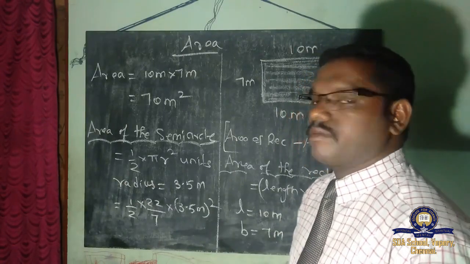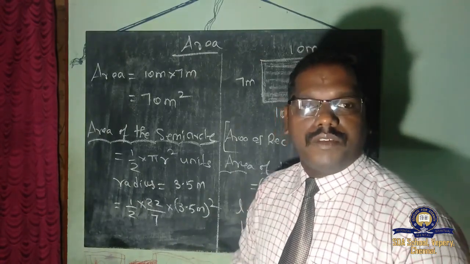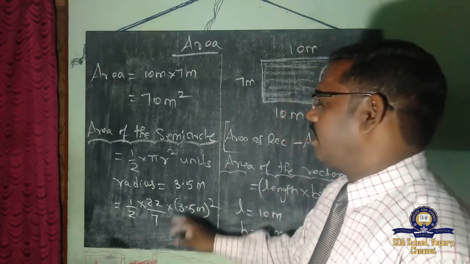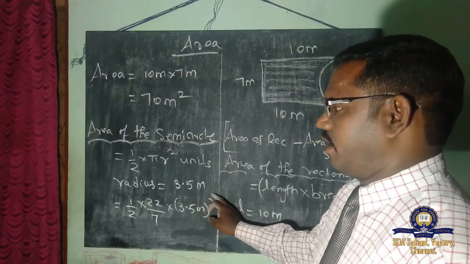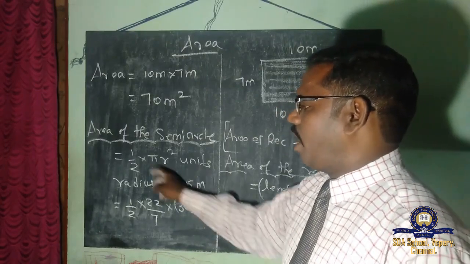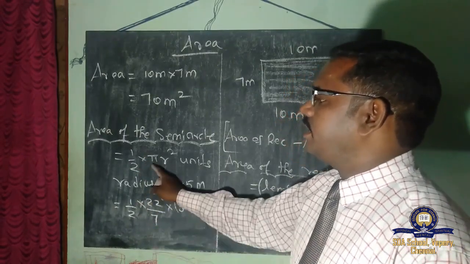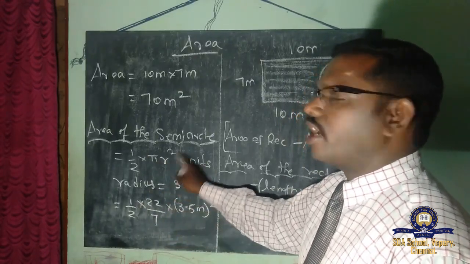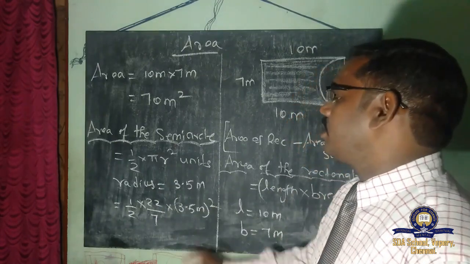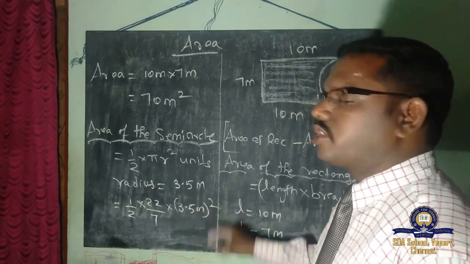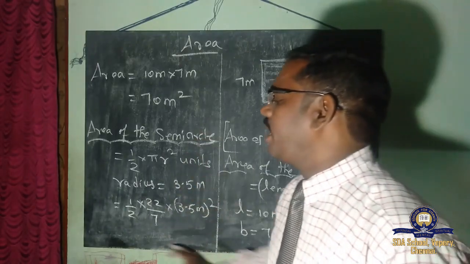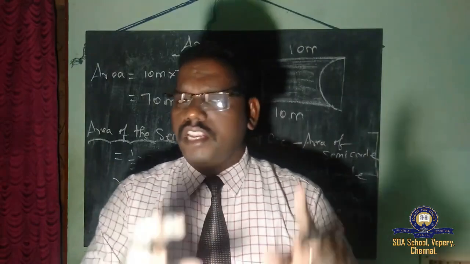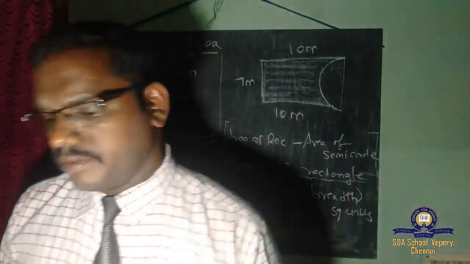When we calculated the perimeter, r is 3.5 meter. Now we will apply the formula. 1 by 2 is as it is, then instead of pi, 22 by 7 into r square. R square means radius square, that is 3.5 meter the whole square, isn't it? I have no place here to write further, so copy down soon. I give only 10 seconds. Make it fast.